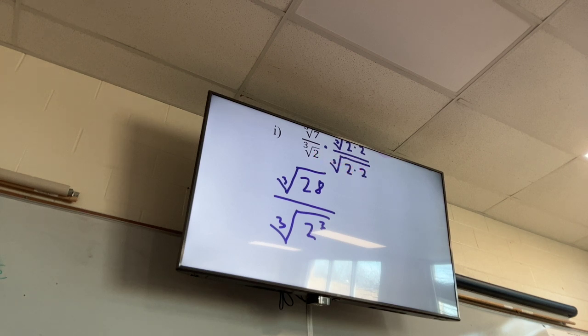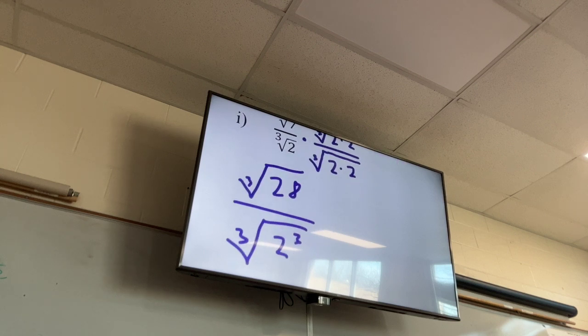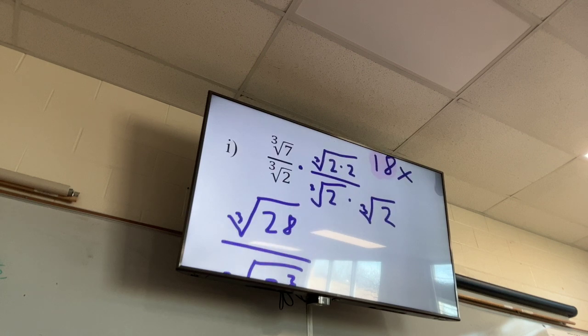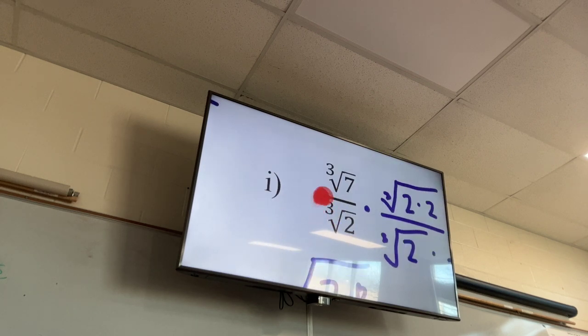Why is it multiplied by 2? Okay, I could technically also do cube root of 2 times cube root of 2. Yeah, so in general, the instructions were, we had a 3 outside of our radical symbol.